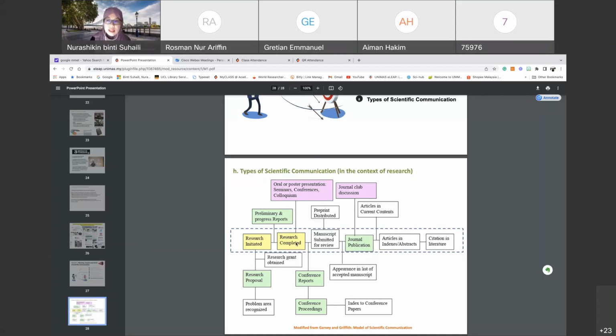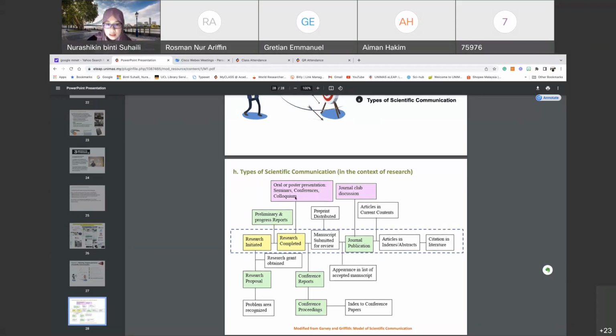Let's say you want to attend a conference and share your FYP results. The forms of communication that can exist are a scientific poster, a thesis, or, if you want to present your results orally, an oral presentation, and the outputs of that oral presentation will be included in conference reports or conference proceedings.